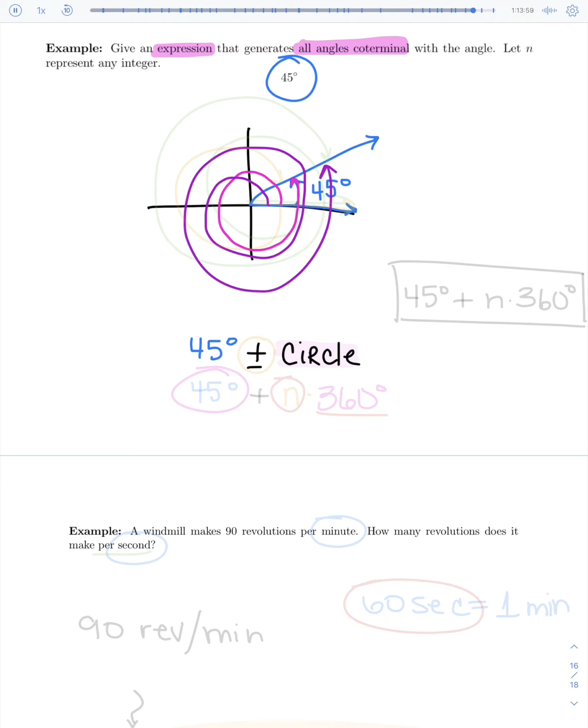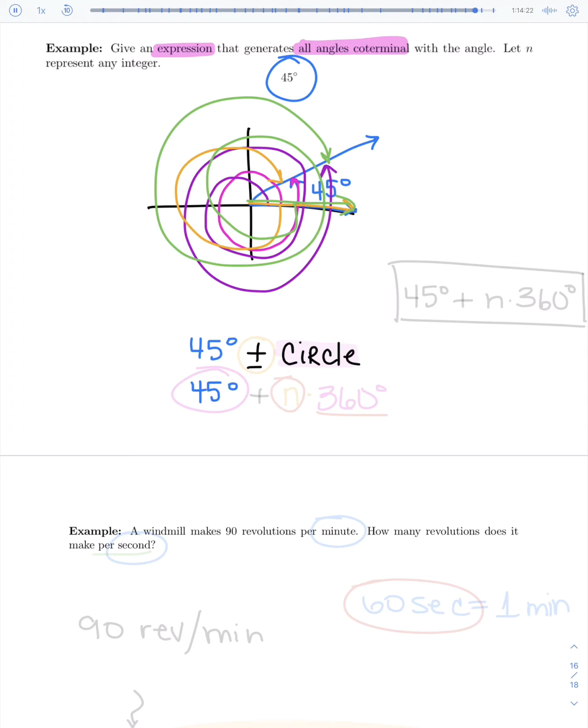I could start at the x-axis and go around the circle in reverse as well, taking away a circle. And I could do it once, or I could do it multiple times. And I'd still land there. So always starting out with the 45 degrees and either adding or subtracting a circle is the idea.